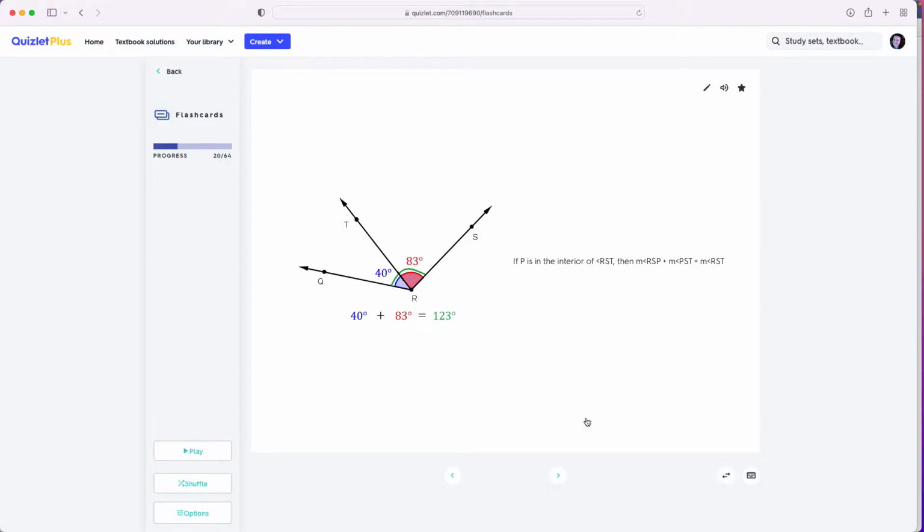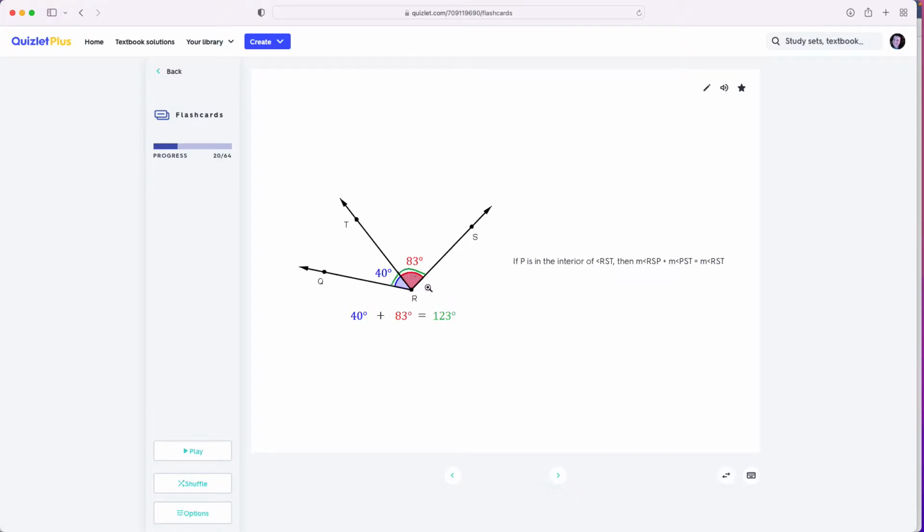If P is in the interior of angle RST, then the measure of RSP plus the measure of PST is equal to the measure of RST. So all that's saying is that if you have a ray between two other rays to make two angles, then this angle plus this angle equals the exterior ray's measure.